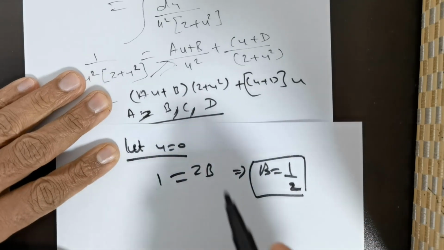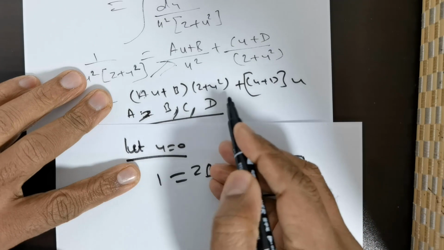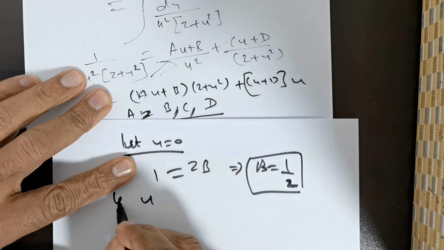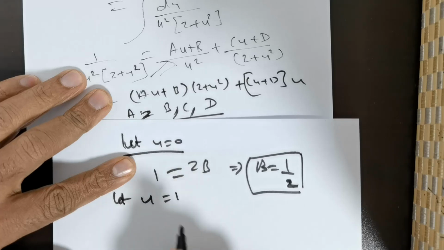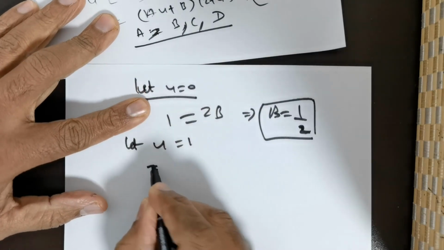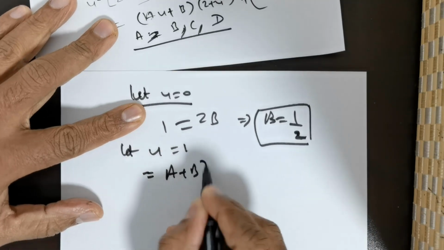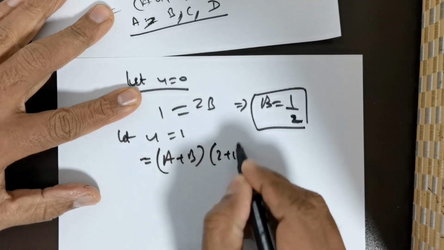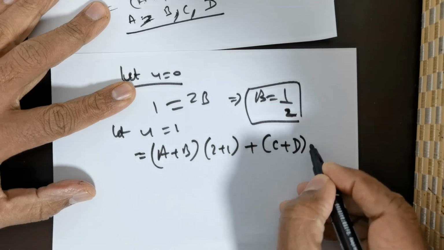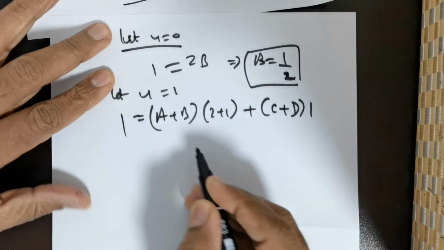Next I'm going to take, for example, u is equal to 1. Let u be equal to 1. If u is equal to 1, what do you get? You get (a plus b) times (2 plus 1) plus (c plus d) times 1. On the left you got 1.